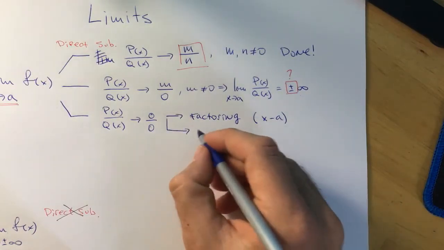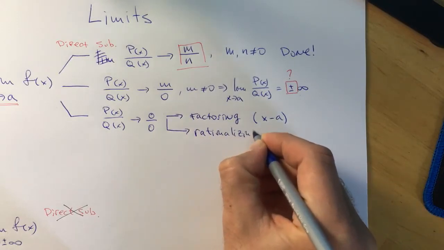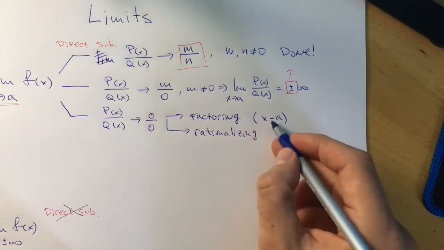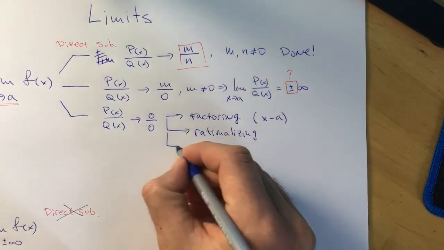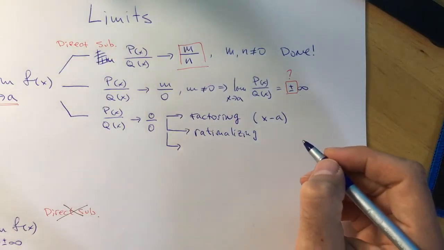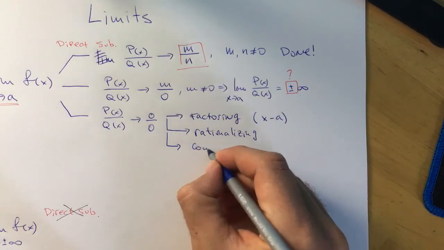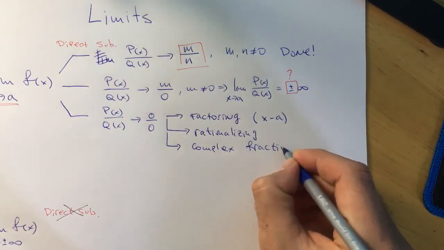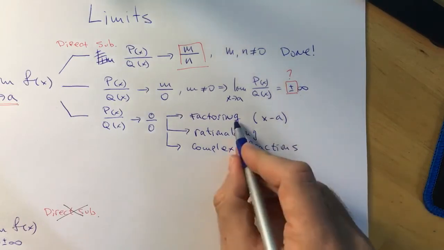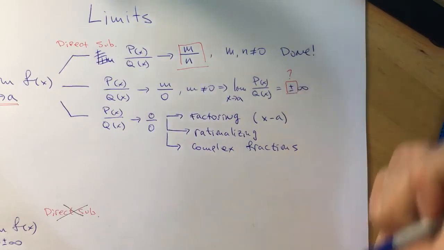Or rationalizing first, and then factoring and then cancelling this factor. Or simplifying if the expression is a complex fraction: first simplifying, dealing with the complex fractions, then factoring, cancelling this factor, which will lead you to either this case or this case.